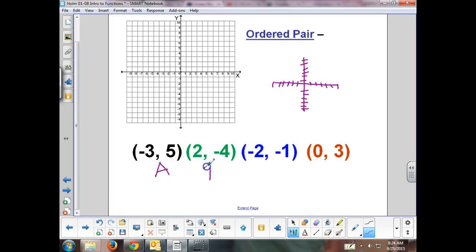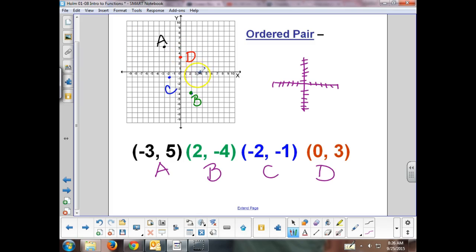Points are always labeled with capital letters. That way you don't have to put the ordered pairs in the graph. You can just put A, B, C, D. Hopefully that is review for you guys. Is that right? Okay, great. Like I said, watch the axes.